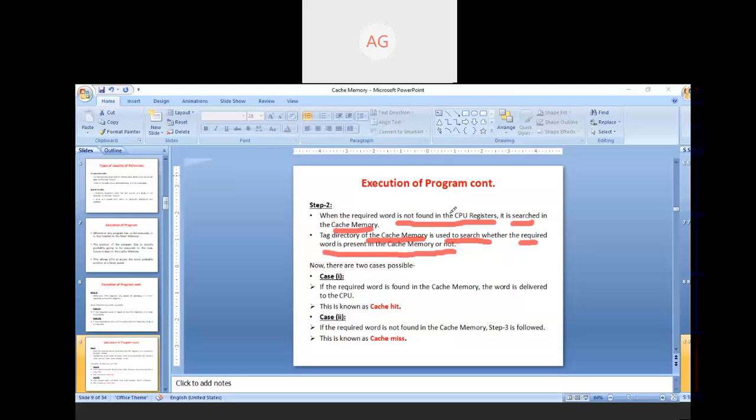As the word is not present in the CPU register, we move to the cache memory, but there we also need to know whether that word is present or not. So here also two cases are possible. In the first case, if the required word is found in the cache memory, the word is delivered to the CPU. This is known as a cache hit.